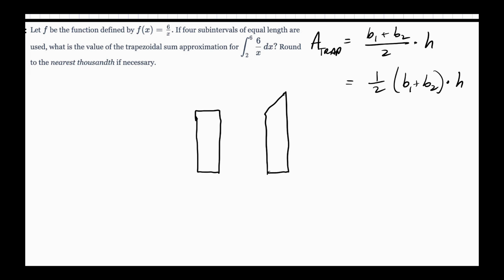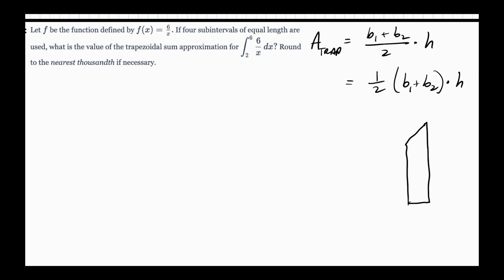So when we're finding the area of trapezoids tomorrow, this is what I mean when I say base 1 and base 2. This side is going to be base 1. The shorter side is base 1, or it doesn't really matter, but I usually say the shorter height is base 1.